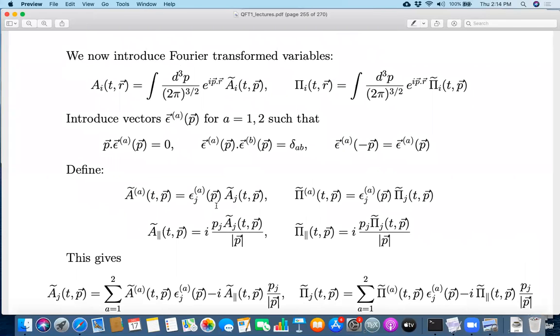Two of them are transverse to the momentum. In three dimensions, if you have one momentum, then there are two independent vectors transverse to it. Those are the epsilon a's. The third basis vector I took to be the unit vector along p. So this number 2 comes because you are working in three space dimensions. In higher spatial dimensions, you will have more basis vectors of this kind. Okay, thanks. Any other question?